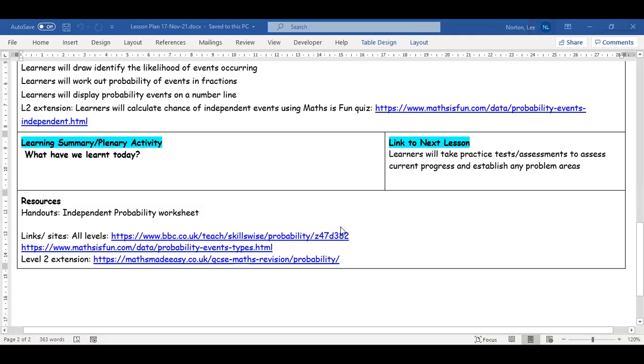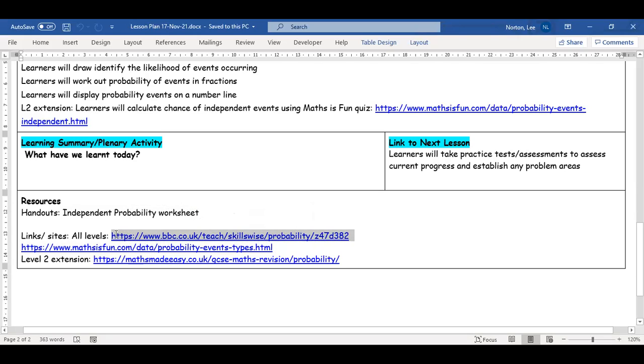If you're a level 1 learner or entry level learner, you might want to look at the bbc.co.uk Teach Skillswise probability link, the one I've highlighted there, and I'll send these all in an email as well.